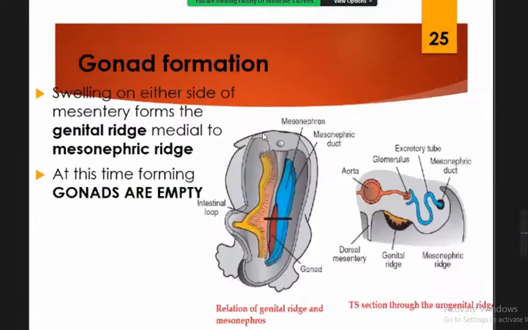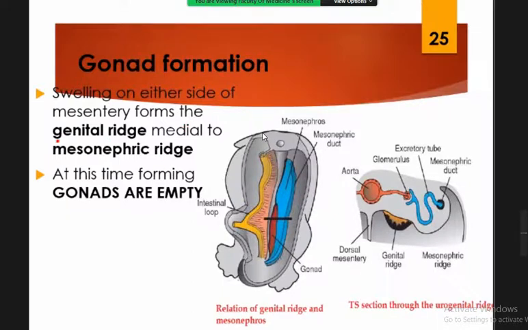Okay. So, how does the gonad form? We already said that the gonad, together with the kidney system, what we are referring to as the paired gland, form from the urogenital ridge.